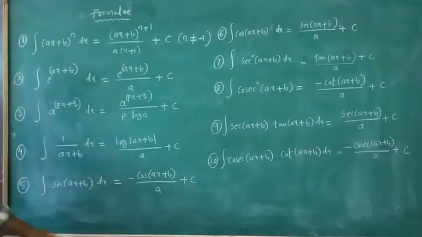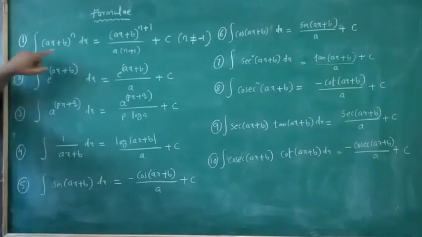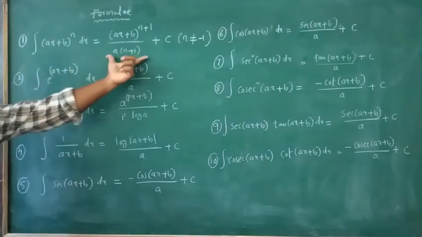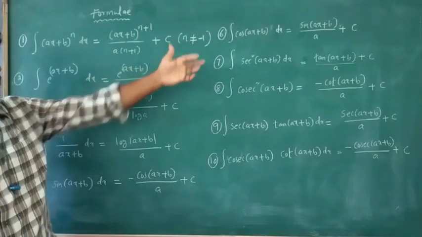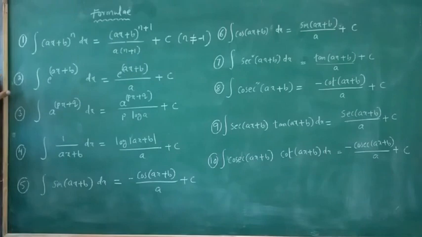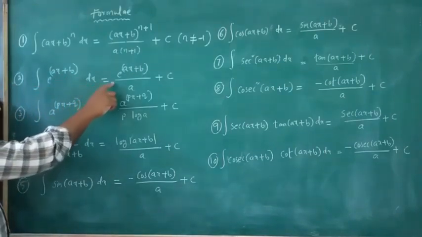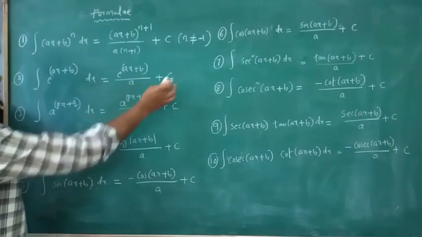In that first one, the integral of ax plus b whole to power of n dx is equal to ax plus b whole to power of n plus 1 divided by a into n plus 1, plus c, here n not equal to minus 1. Second one, the integral of e to power of ax plus b dx equals e to power of ax plus b divided by a plus c.